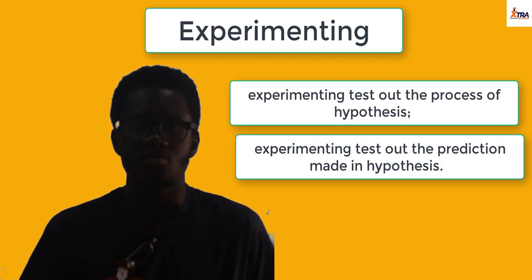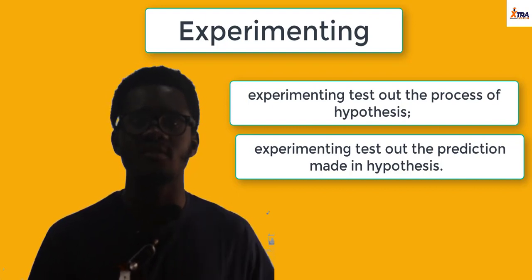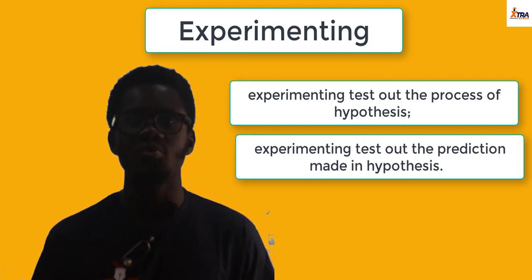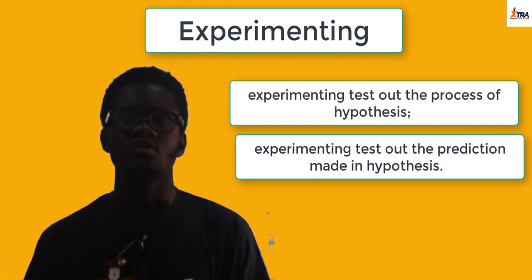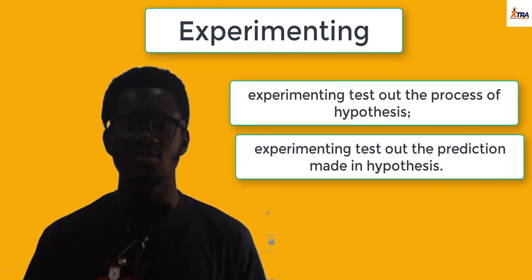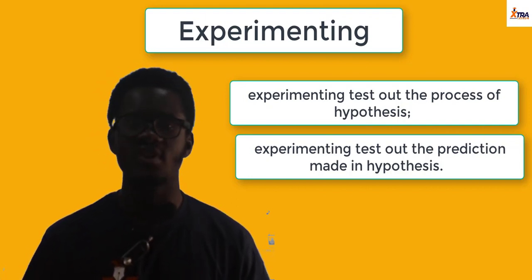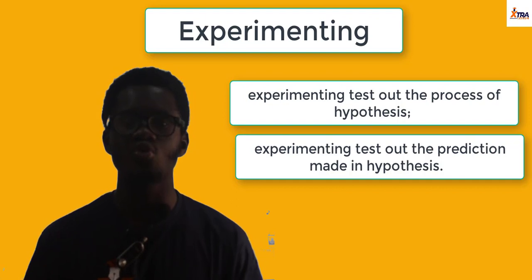An experiment could be that we will test it out. Probably we give some set of people, we give them orally, some set of people we give them intravenously, some set of people we give them subcutaneously, that is just beneath the skin. So we test it out. We have different groups of people taking this aspirin different ways, different modes of routes of administration.